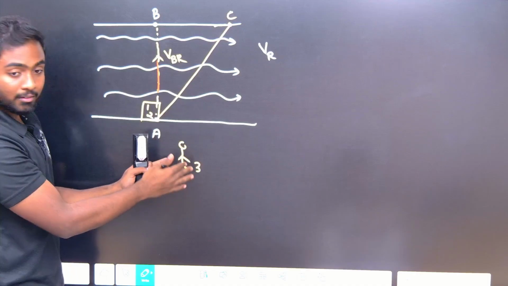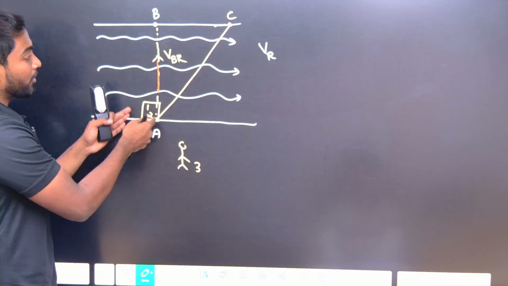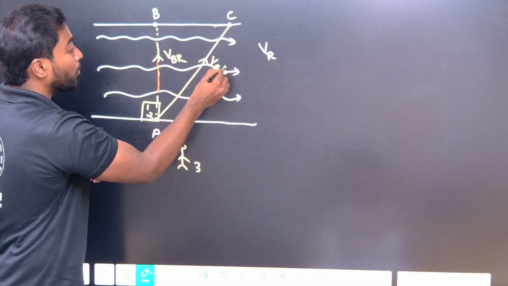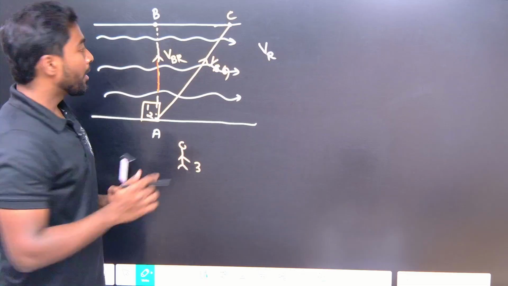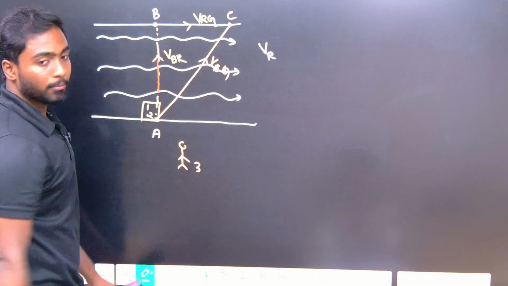But when person 3 is standing outside and watching, this boat is going in this direction, which means the velocity of the boat with respect to ground. And this one will be the velocity of the river with respect to ground.